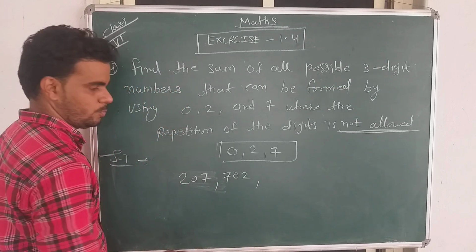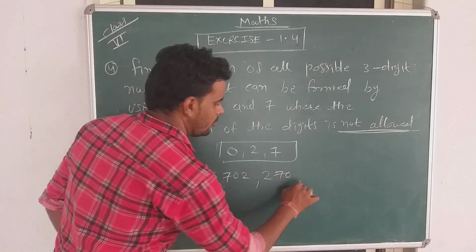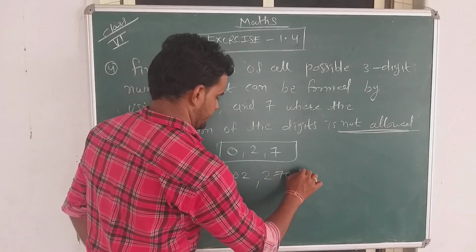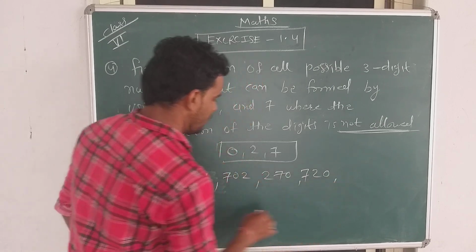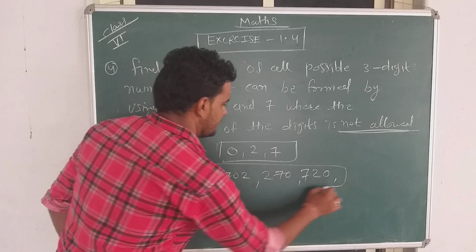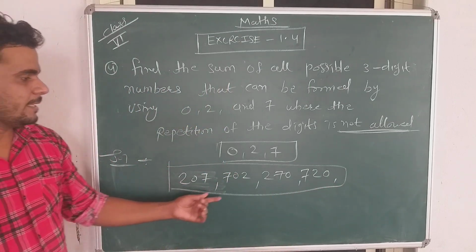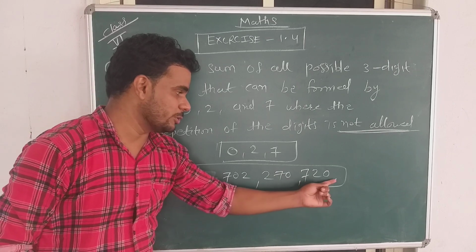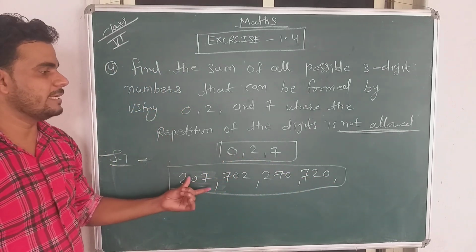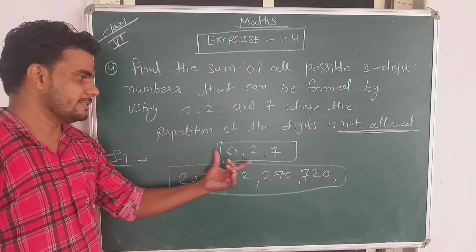207, 702, 270 and 720. Okay, there are only 4 numbers: 207, 702, 270 and 720. If we write 0 in the front, then there is no meaning of 0, that is a 2-digit number only.